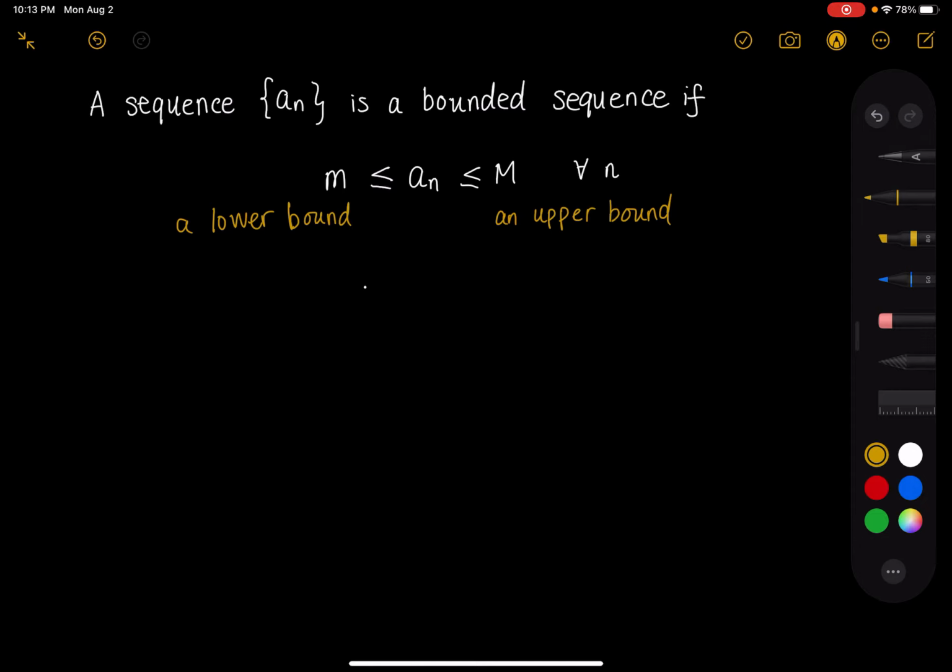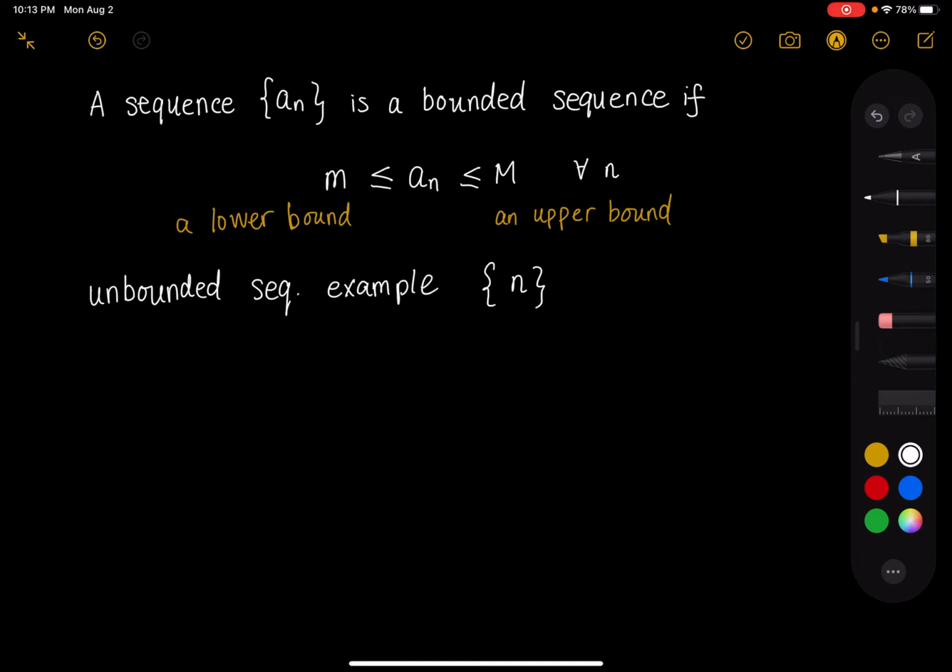If a sequence is not bounded, then it's an unbounded sequence. I'm going to give you examples. Unbounded sequence example: the sequence n.